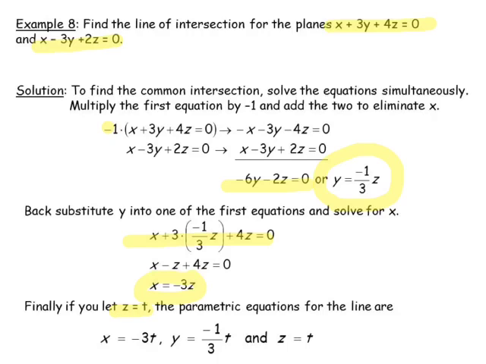So instead of x equals -3z, x equals -3t. Instead of y equals -1/3 z, I have y equals -1/3 t, and z equals t. So now I have parametric equations for the line that is the intersection of my two planes.